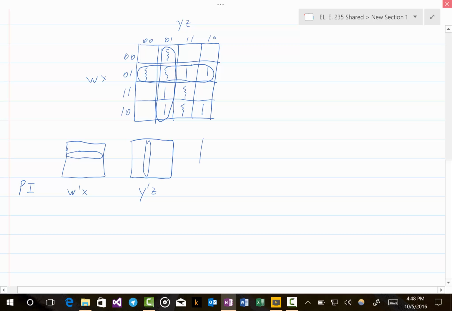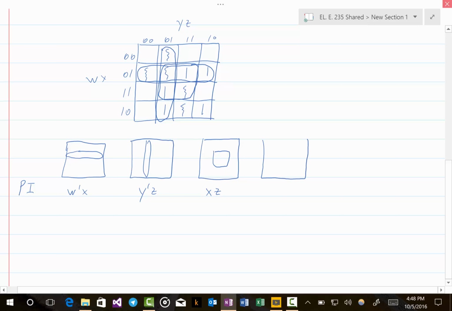And then another grouping of 4 that pops out at us is this one here in the middle. And for those 4 cells, X is constant equal to 1 and Z is constant equal to 1, so that is XZ.